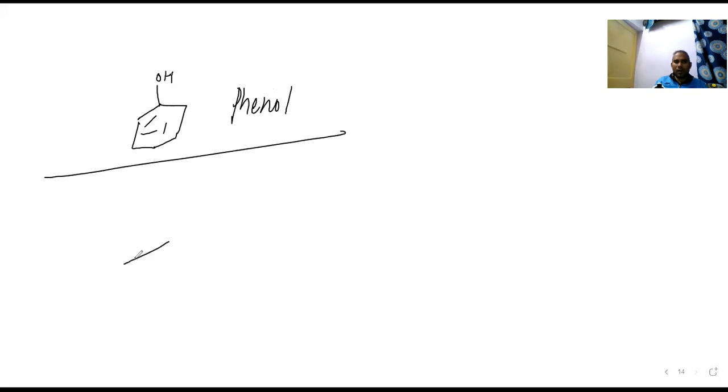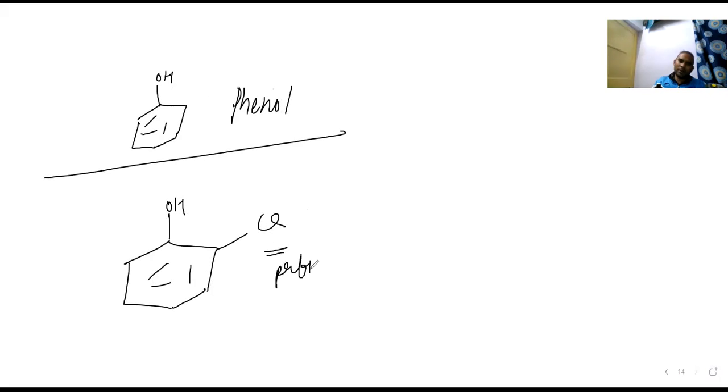Suppose I put the OH group on top, and here is Cl. So this is the prefix, and this is the functional group. You know very well that the functional group has more priority.